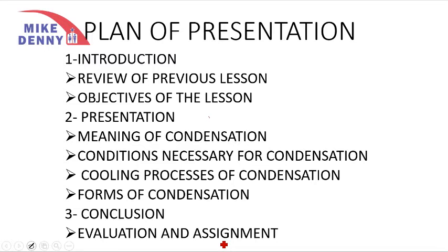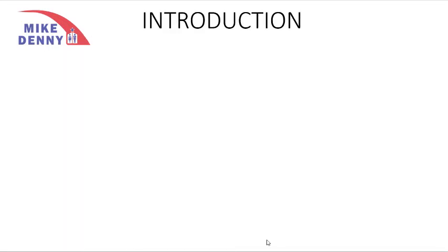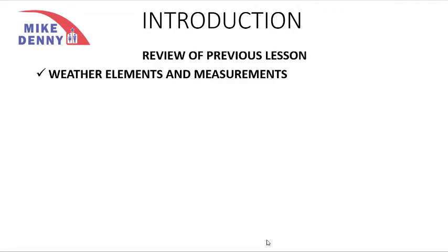Talking about the introduction, and especially our previous lesson, we did talk about weather elements, and we said the weather elements include temperatures, rainfall, wind direction, wind speed, humidity, amongst others.